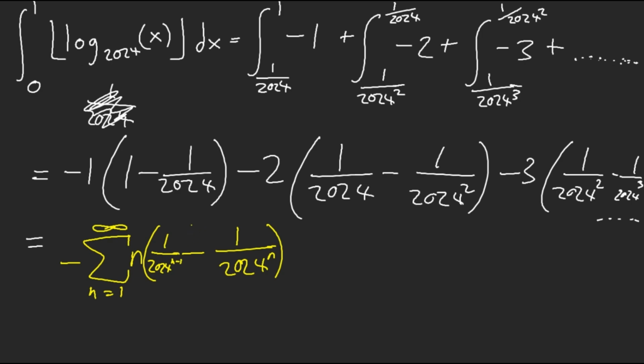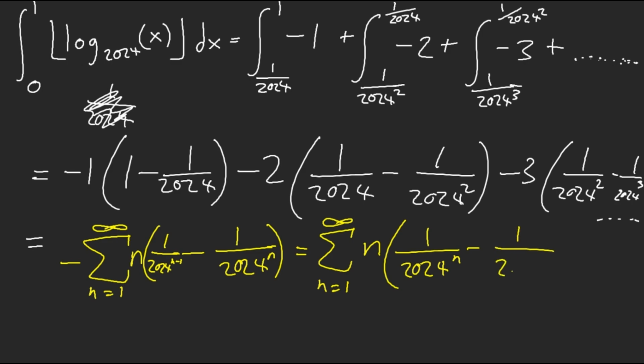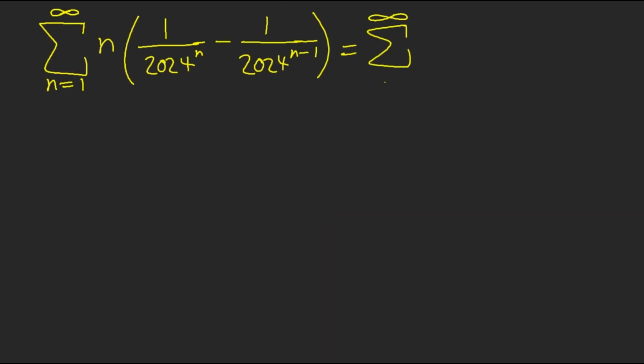Okay, interesting. So this is our sum. So we technically have n equals 1, and 1 over, I'm just going to flip it, n minus 1. I just noticed something. Yeah, we could just factor out the n in 2024.